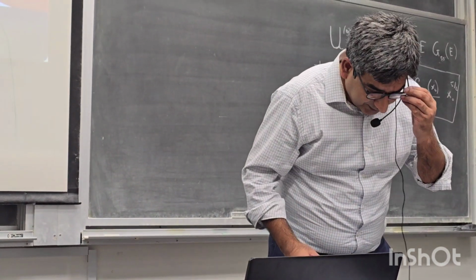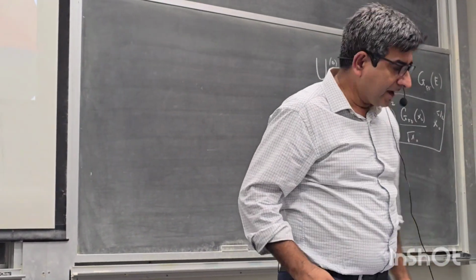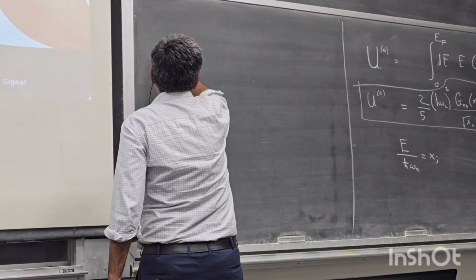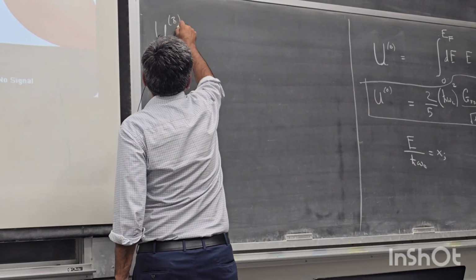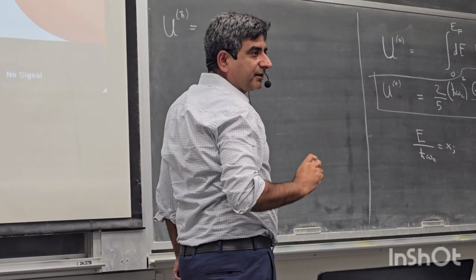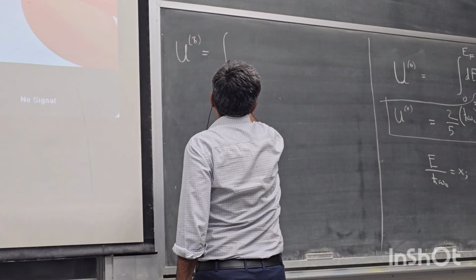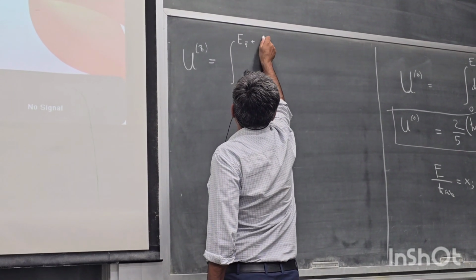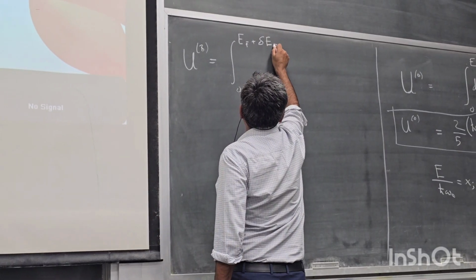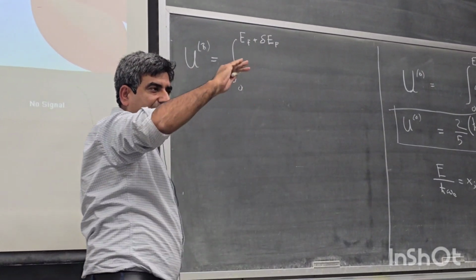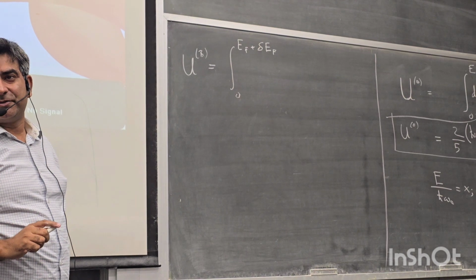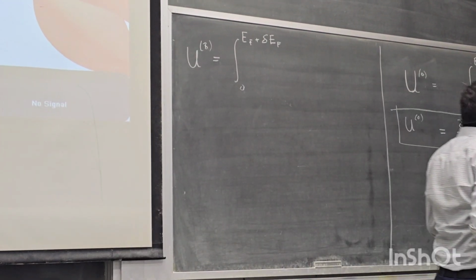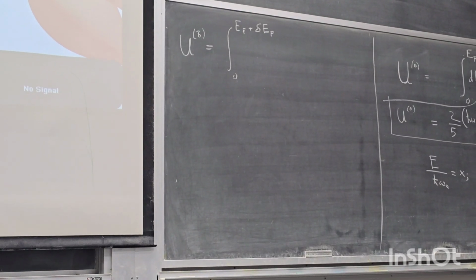Now if we were to do this calculation, how do we compute the total energy in the presence of a magnetic field? First of all, you need to construct the integral. The integral now varies from 0 to EF plus some delta EF. So this is the fluctuation in the Fermi energy. Remember, we drew this curve, and I'll show these curves on Mathematica as well.